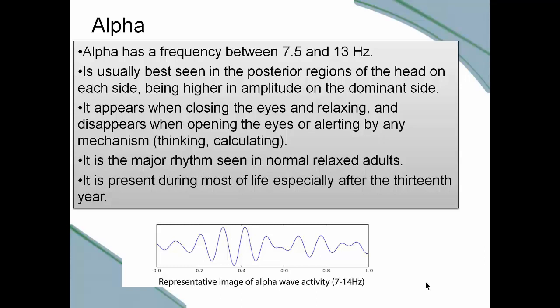If you're right-handed, you also probably have your major speech centers on your left side in your medial temporal regions, both Wernicke's and Broca's area, Broca's area being forward to Wernicke's area, almost in your posterior frontal lobes. When you close your eyes and relax, you get more alpha.